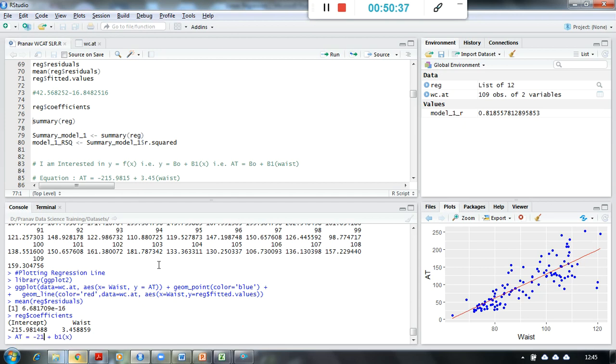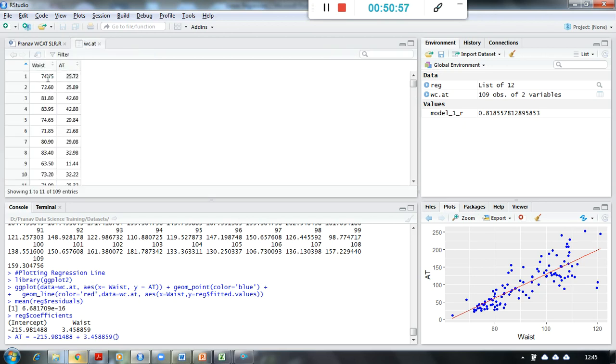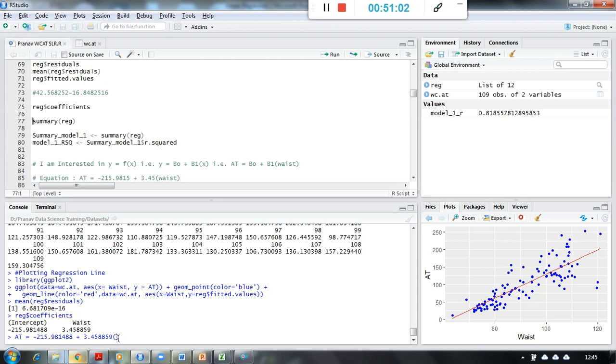Here I am replacing beta naught with minus 215.981488, and beta 1 with 3.458859. And what is my x? Let us take any x value over here. Let us take the first value, 74.75.